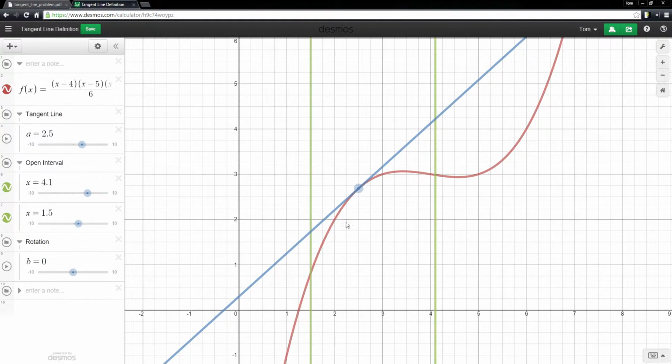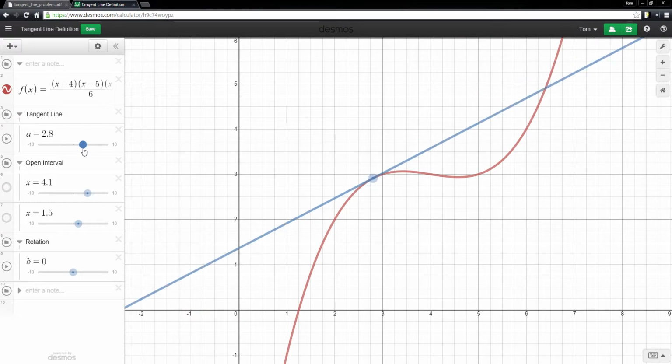So that's what it means to be a tangent line. It intersects the graph in only one spot locally, right? In some open interval or neighborhood. And if you move it slightly by rotating it, then it's not a tangent line anymore. It cuts through in more than one spot. So, okay, that's the idea of a tangent line. We can take a look at a bunch of different tangent lines on this graph.